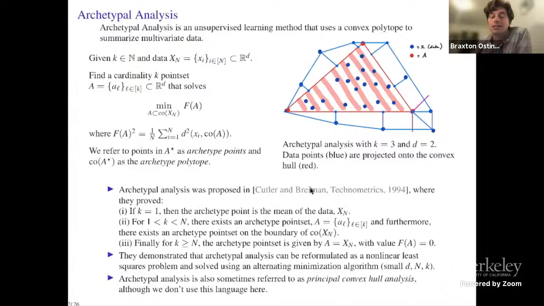And for k greater than or equal to n, the archetype point set, again, is trivial. You can just take the point set to be the data itself, and so the objective is 0. So for this problem, in practice, you should choose k between 1 and n, and typically k is much less than n. Of course, you want to summarize the data with fewer vertices, right?